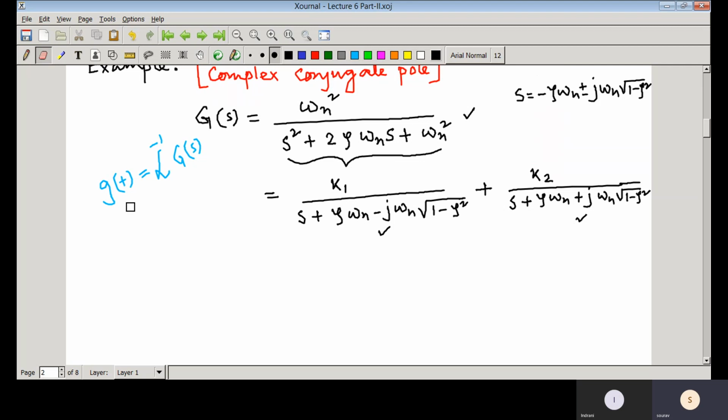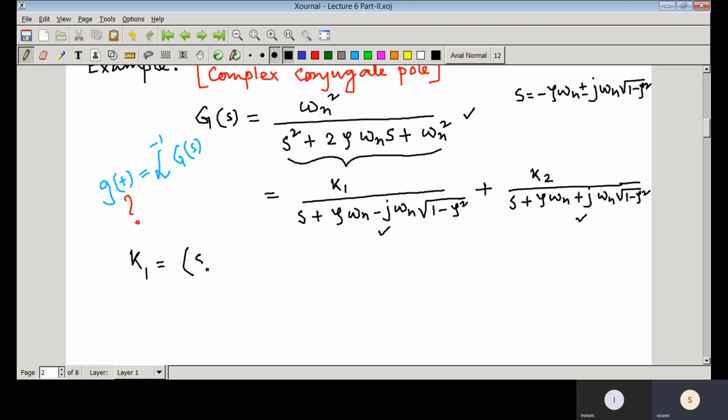So we are trying to find these things. That means what is g(t)? So the first job is to represent this G(s) in partial fraction form, and you can apply that Heaviside formula.